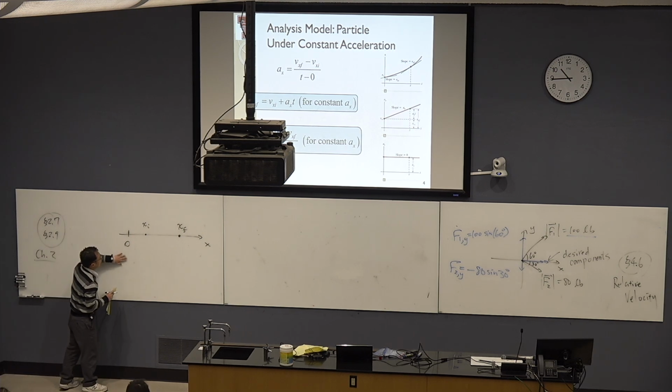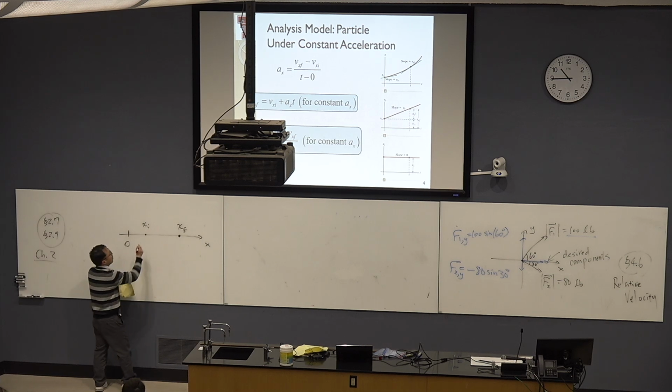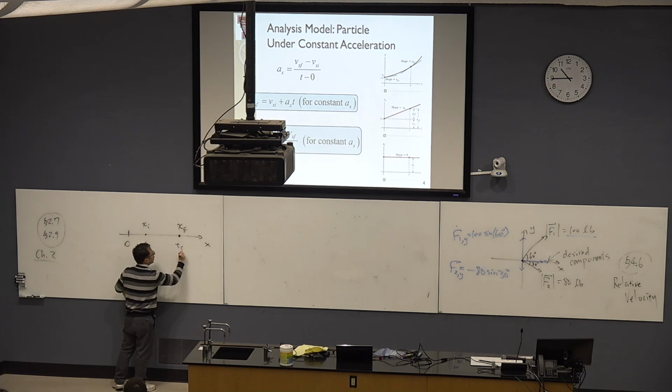Then we will be able to define the so-called velocity of the particle. So velocity, we can start with defining some average velocity. Suppose at initial time, t initial, the position of the particle is called x initial. At some final time, t final, the position is called x final.